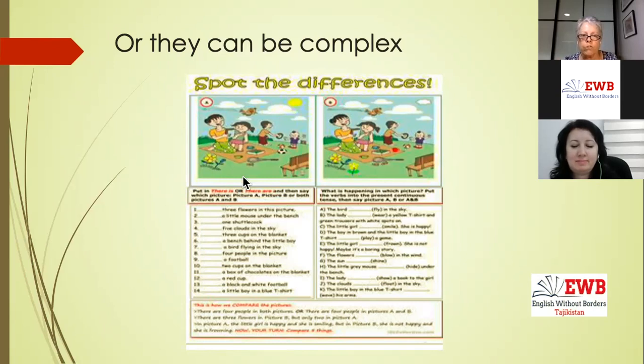And what's interesting is that student A would be asking student B questions. How many flowers are in the picture? I can't read all of these, but anyhow, you get the idea.